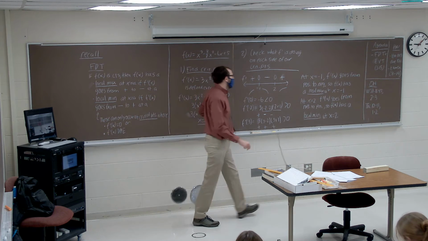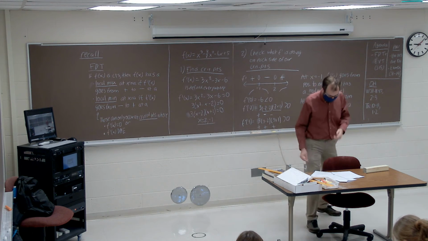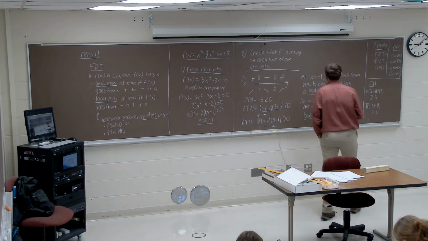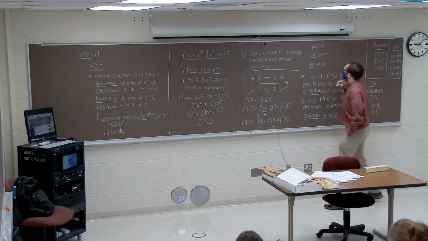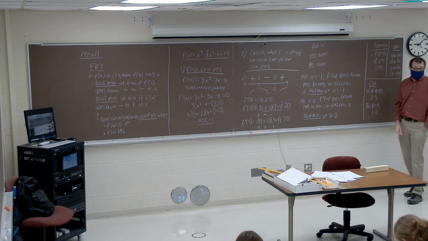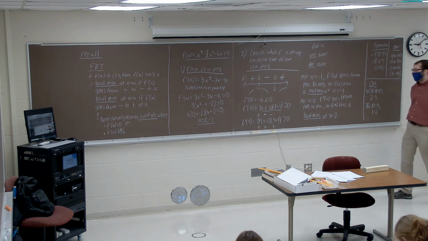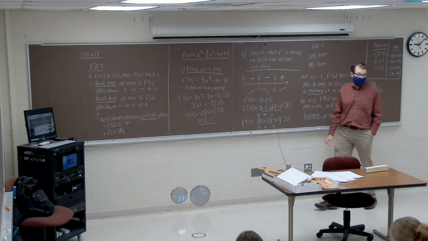So the last thing I want to look at for this problem, I think I asked this in the packet, is where is this function increasing or decreasing? And once again, I think our number line is going to be helpful in answering this question.